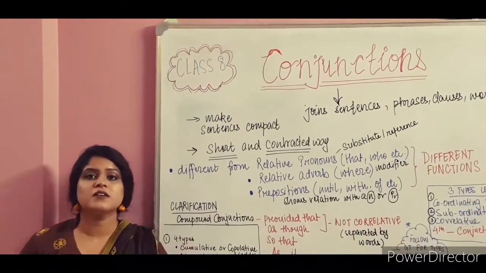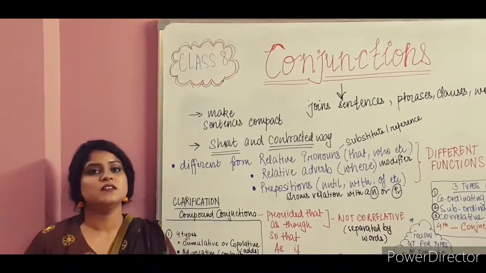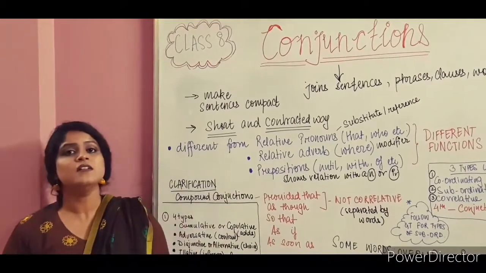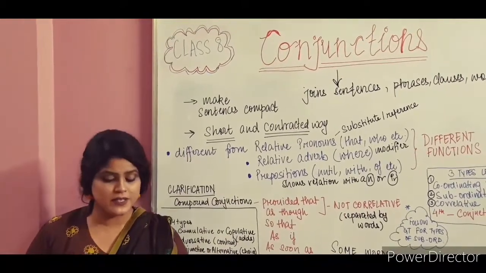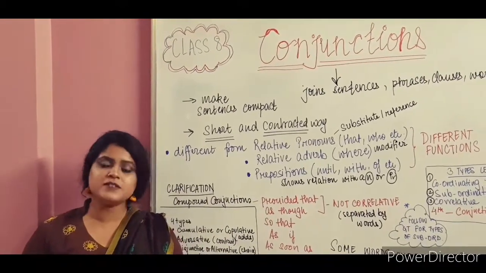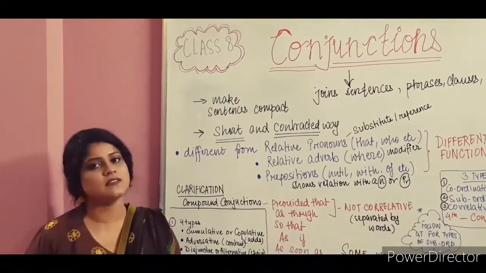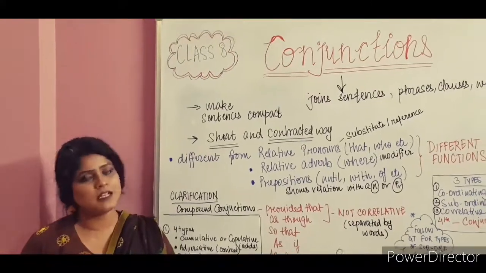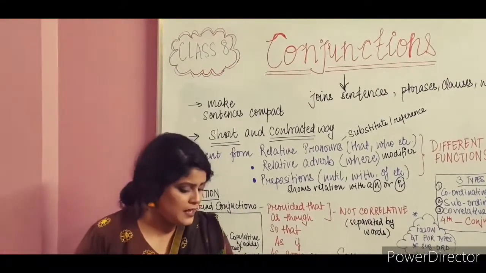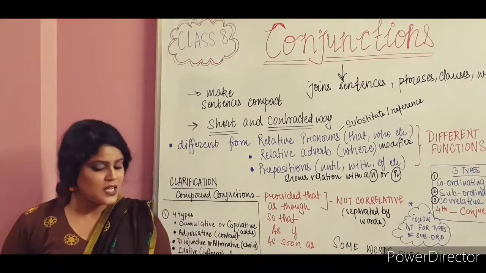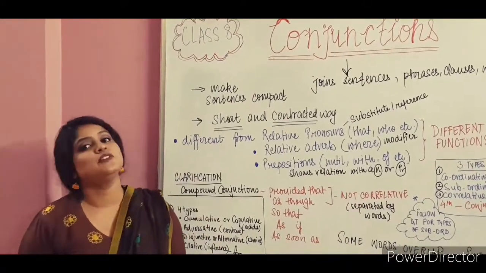The adverb of place where is modifying the verb was buried. And obviously it is joining two sentences. So it looks like it's a conjunction, but it's a relative adverb. And I'll give another example of a conjunction. Take this and give that.